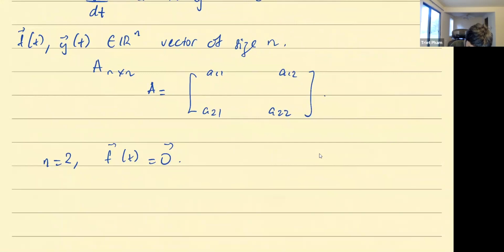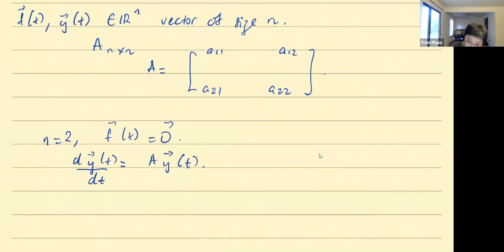So now dy dt is A times y. Okay, A times y of t, if you will. So first, I want to just briefly touch on equilibrium.